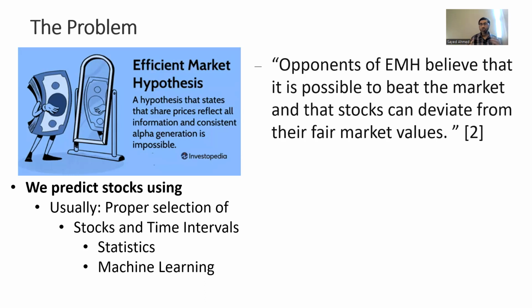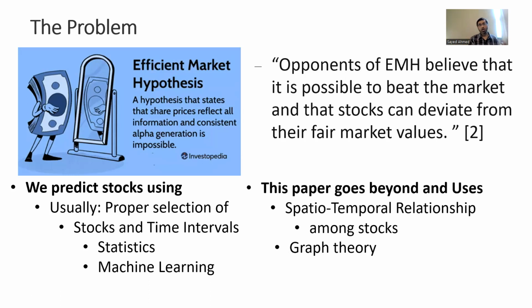Usually we select some stocks, and within a time period we predict the price. We usually use statistical measurements, and also machine learning and deep learning. What this paper has done is go one step more.